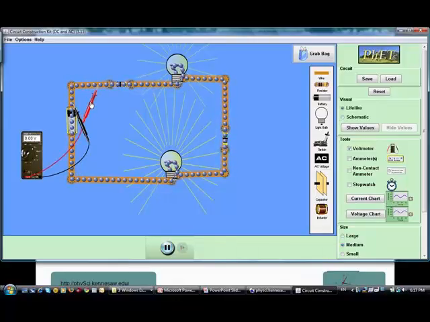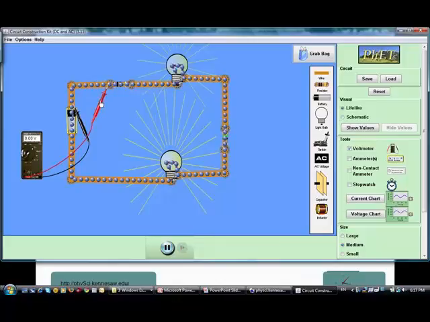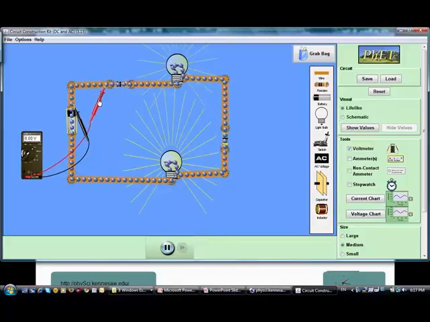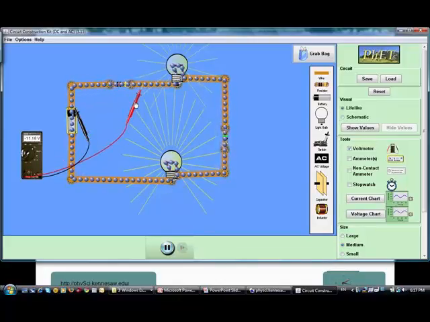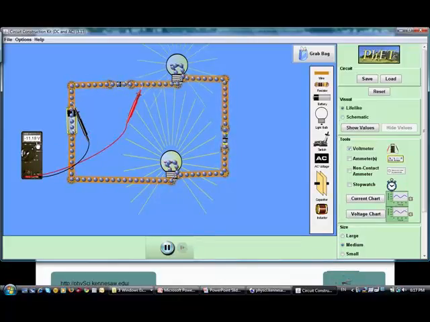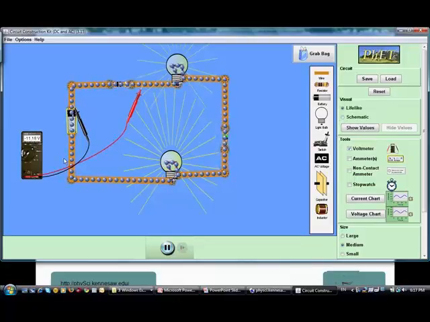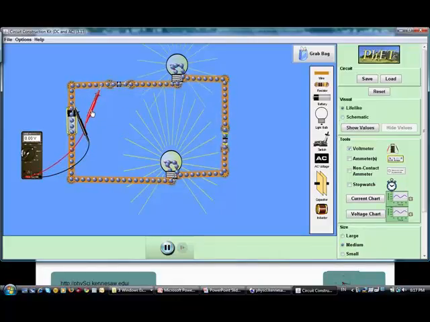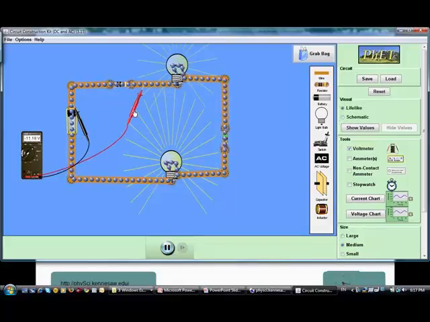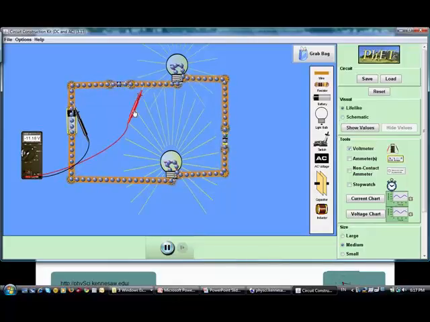Now, the minute we go across a device or an element, then we have a voltage difference. Now it says it's minus 11.18. So here the probe was reading 0. Here it was reading minus 11.18.